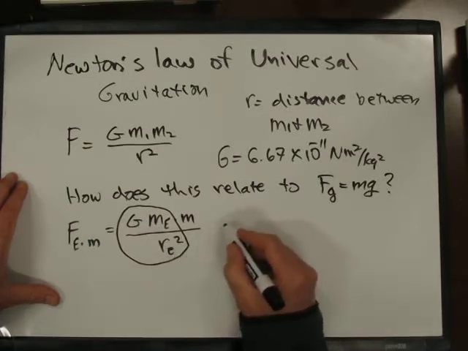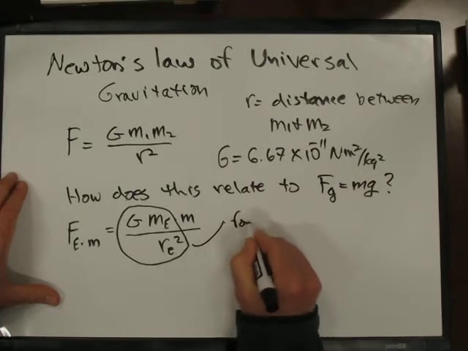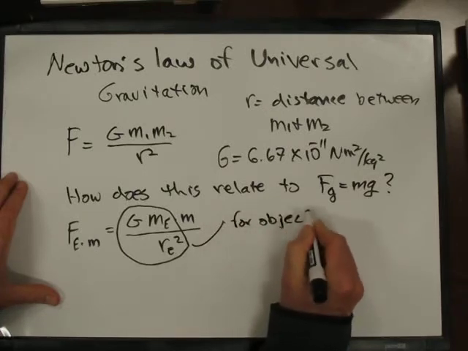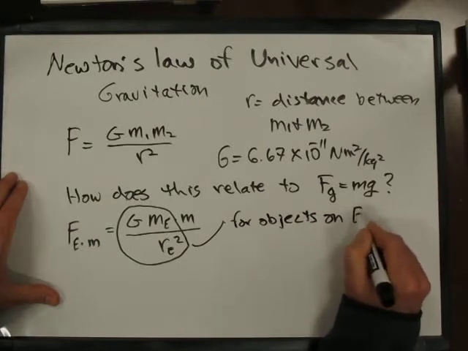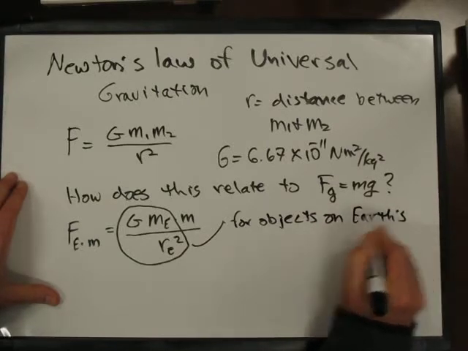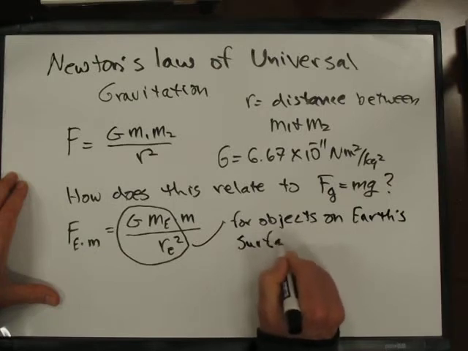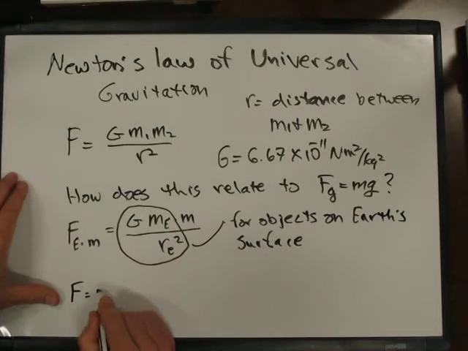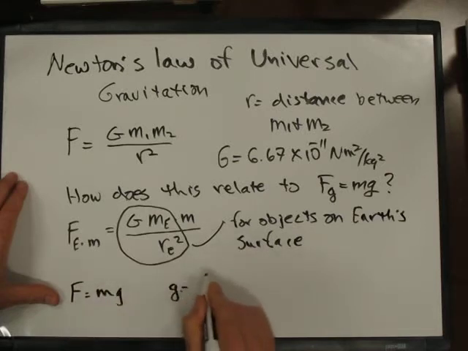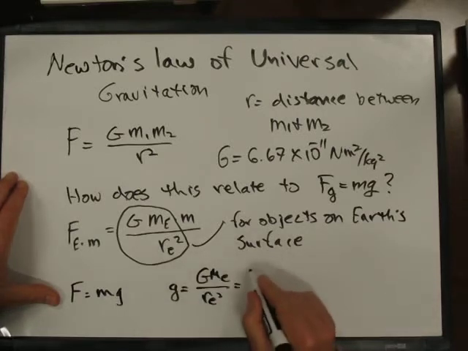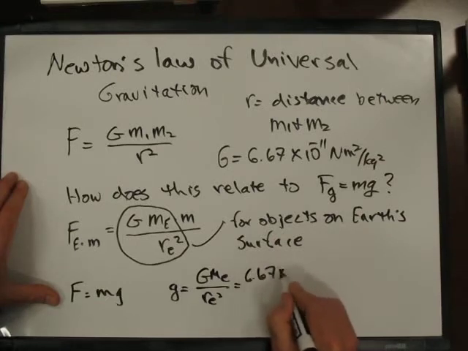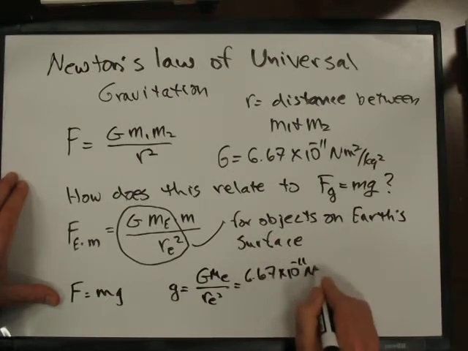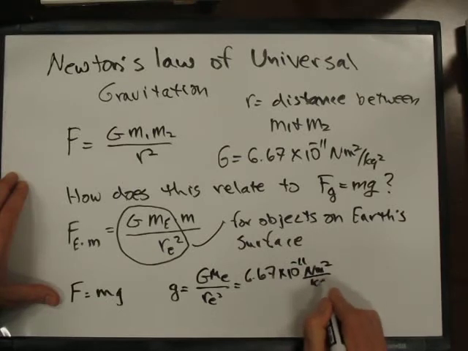And so for all objects on Earth, we just get F equals mg, where g is equal to G times the mass of the Earth divided by the radius of the Earth squared, and G is 6.67 times 10 to the negative 11th Newton meter squared per kilogram squared.